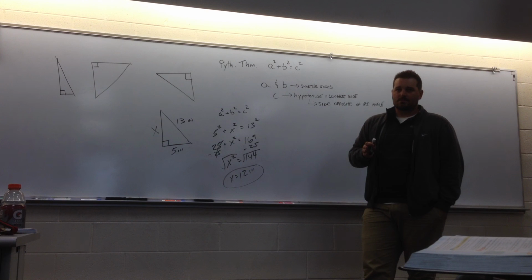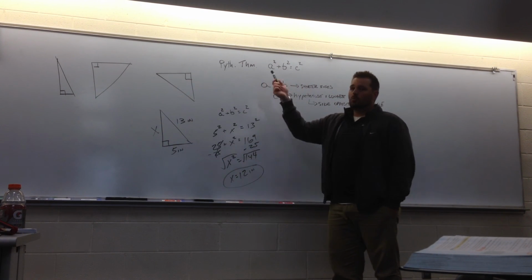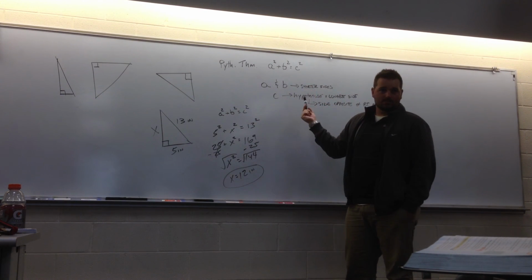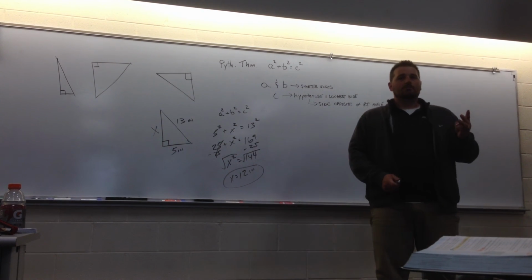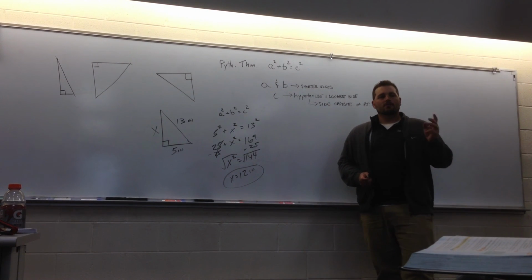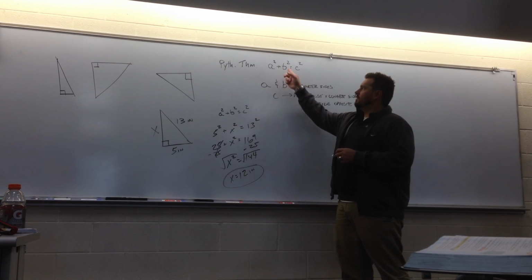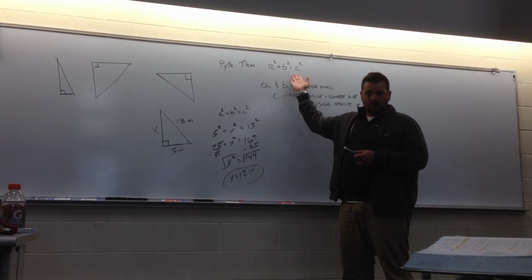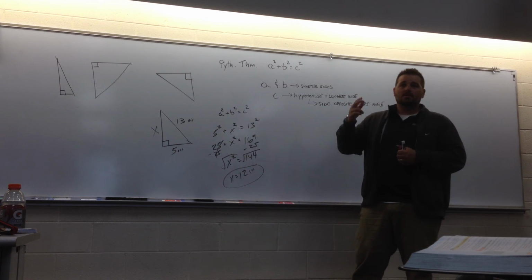Does that make sense? I'll say it again. Since this works for right triangles when we plug in their side lengths, if we have just 3 random side lengths of a triangle, we can determine whether or not it is a right triangle by plugging the values in here and seeing if it works. If it works out, then yes, it is a right triangle. If not, then it's not.